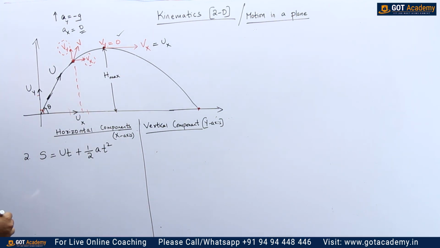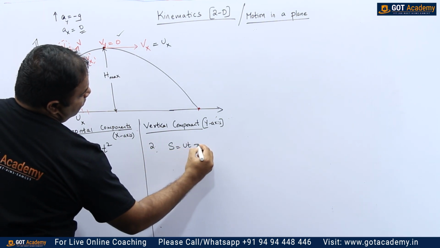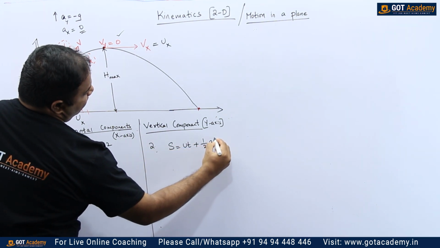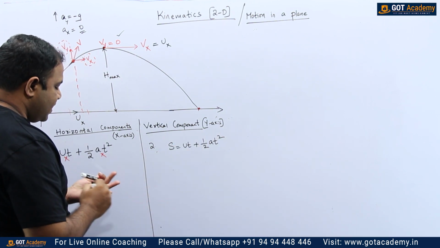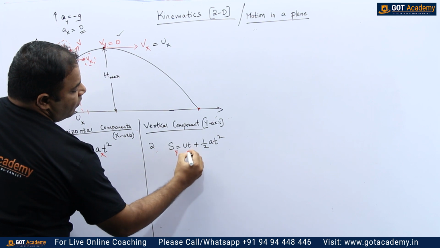Now I have to find out its horizontal component, that is the x component, in this way. Similarly for y also, the same equation, s is equal to ut plus half a into t square. So here I have to find out the y component.